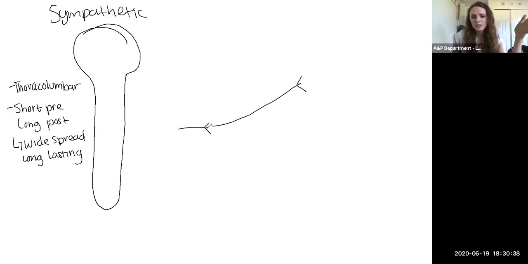It's slow and short, but once you get to the long postganglionic fiber, you're able to go fast in all different directions because you have different freeways going everywhere. If that works for you, great. If it doesn't, that's fine. The reason that it's a widespread response is because these long ganglions can reach farther away, whereas the short ones are at the beginning, so you can have those long ones that make a more widespread response.